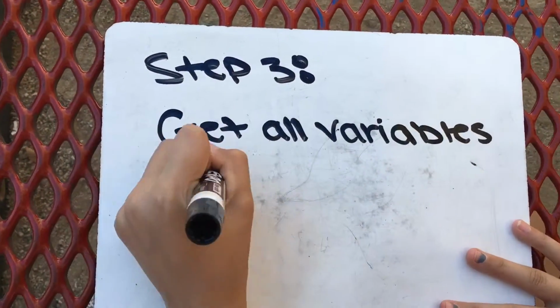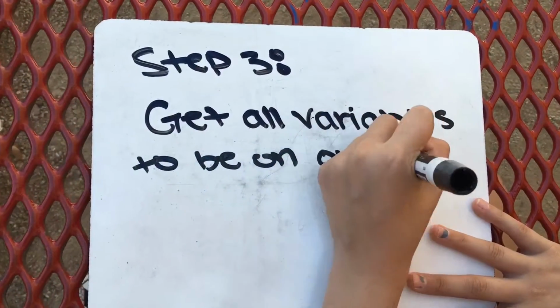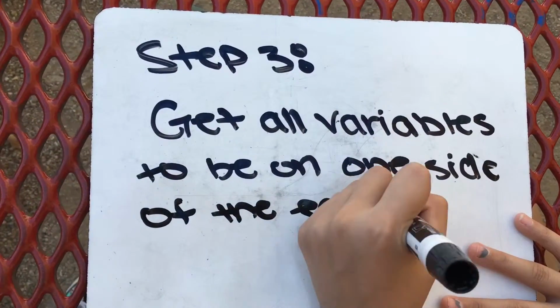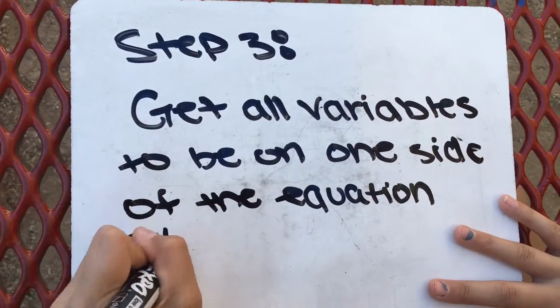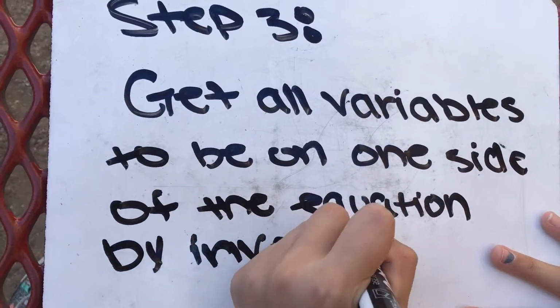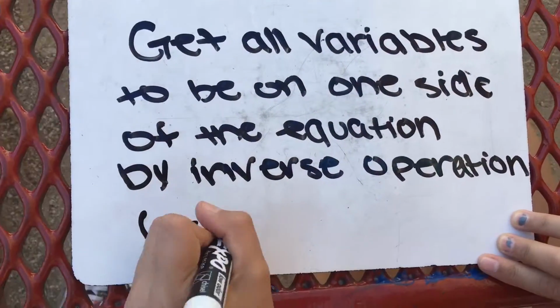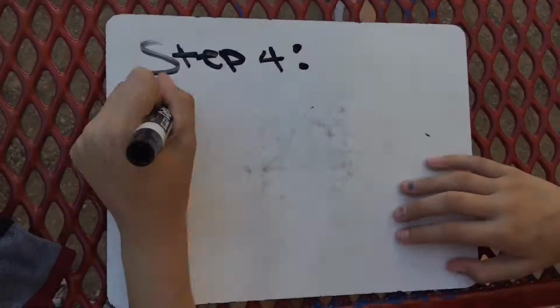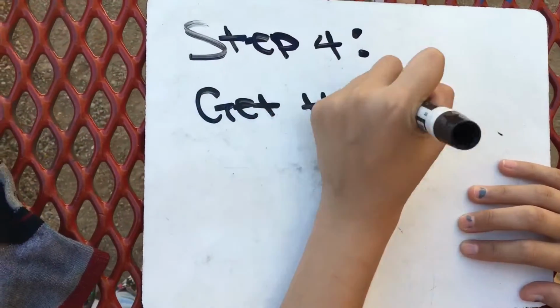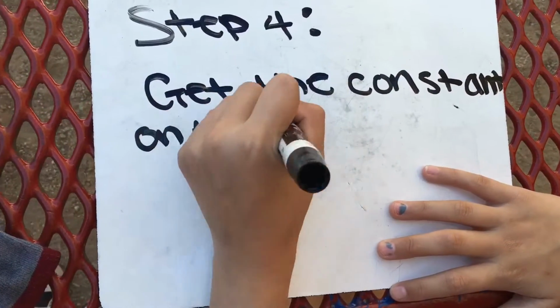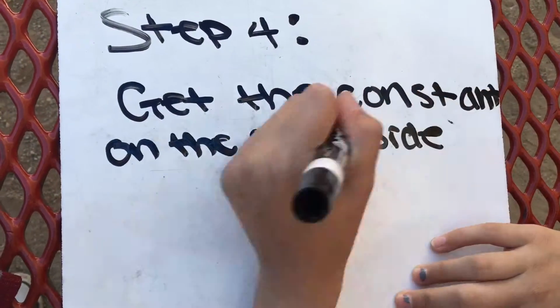Step 3 is to get all the variables to be on the same side, and to do this you have to use inverse operation. Step 4 is to get the constant on the other side of the equal sign by either adding or subtracting.